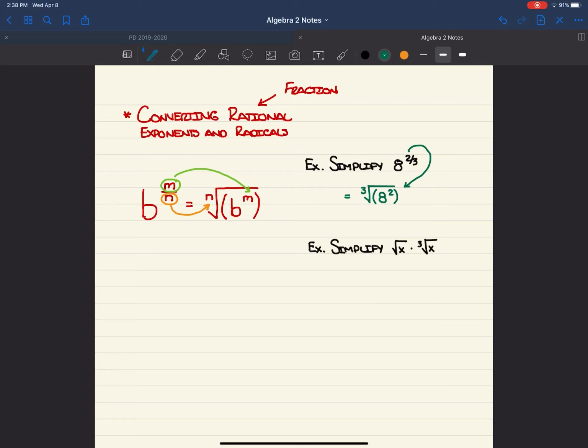And we can simplify this from here. Most of us know 8 squared: 8 times 8 gives us 64. So now we have the cube root of 64. If we wanted to simplify this, we ask ourselves, what number raised to the 3rd power would equal 64? What number times itself 3 times is going to equal 64?